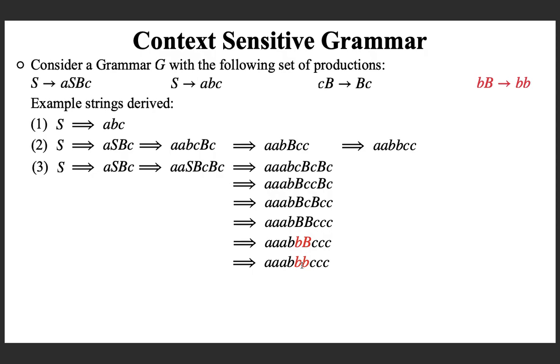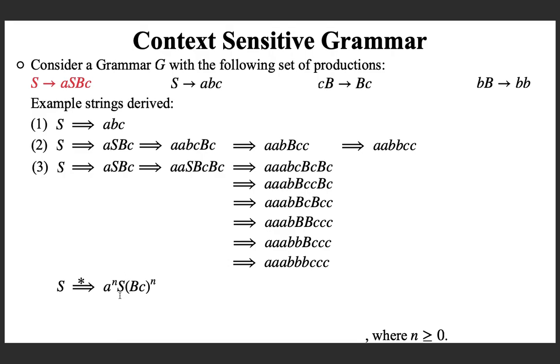Now we are in a position to generalize that this is the language a raised to n, b raised to n, c raised to n. How will you do that? Suppose starting from the start symbol, you apply the first production 0 or more times, say n times. What are you deriving? A raised to n S followed by (BC) raised to n is what you are deriving. Easy to observe this.